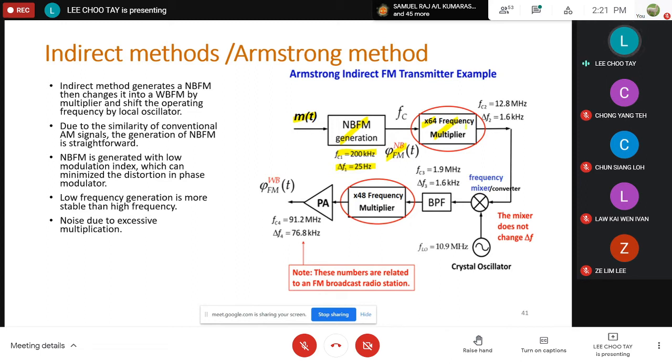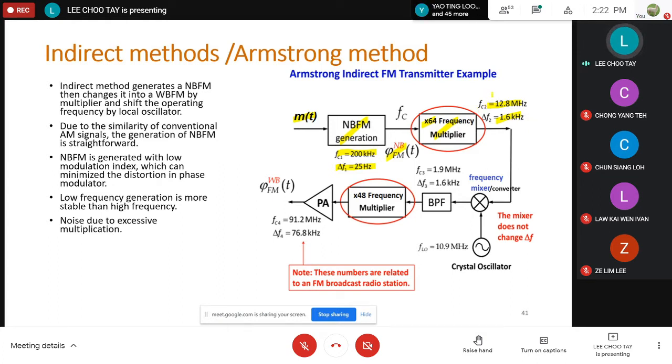All right, so the output of this multiplier will be an FM signal with the carrier frequency of 12.8 megahertz and a frequency deviation of 1.6 kilohertz. Okay, remember the frequency multiplier will multiply the carrier frequency as well as multiply the frequency deviation.